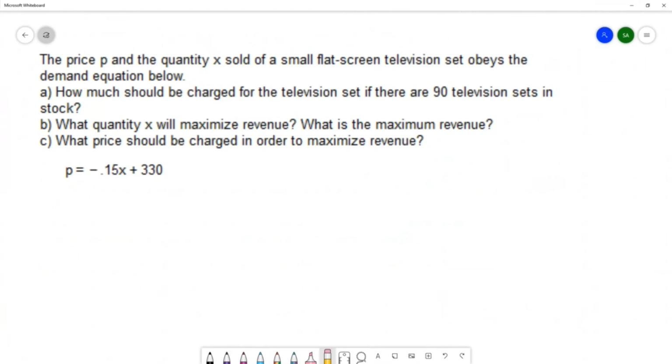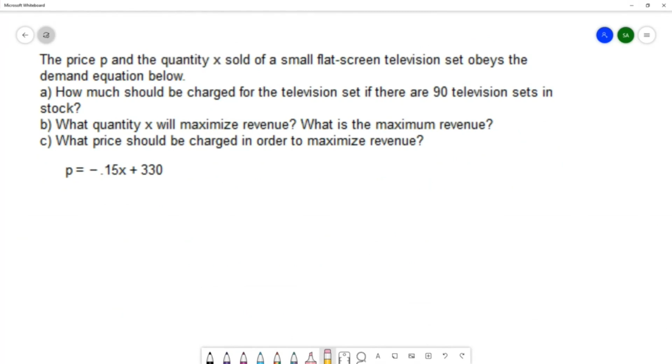So in the first part, it says how much should be charged for the television set if there are 90 television sets in stock. And we have this equation at the bottom with the variables P and X. Up here, it's stated that P stands for price and X is the quantity sold.